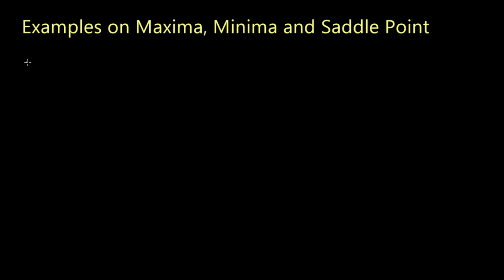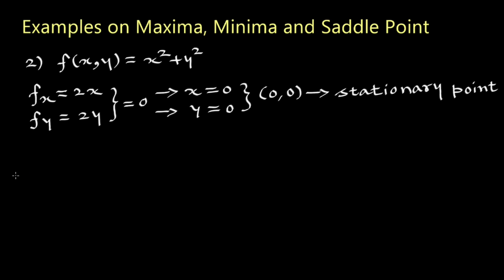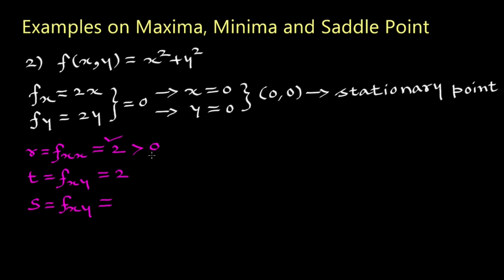In the second example, we have to find maxima and minima of the function x squared plus y squared. First f_x is 2x, then f_y is 2y. For stationary point, equating them to 0 gives us x equals 0, y equals 0. So (0, 0) is the stationary point. Next r is f_xx, 2, which is positive, then t is f_yy, 2 again, s is f_xy, which is 0.